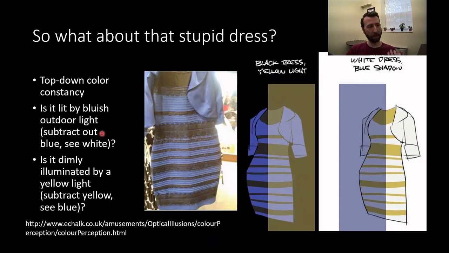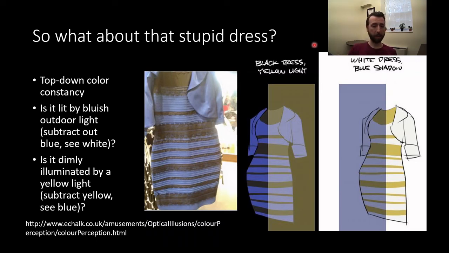So if your brain sees this as a dress being lit by bluish outdoor light, then you'll subtract out the blue and see a white dress. But if you perceive this as being dimly illuminated by a yellow light, you'll subtract out the yellow and see blue. So right here, if we see a black dress with yellow light versus a white dress with a bluish shadow, it's all about what we subtract out of the image.